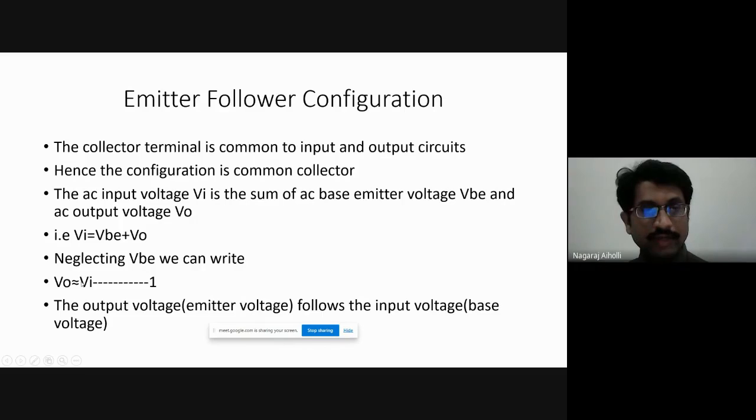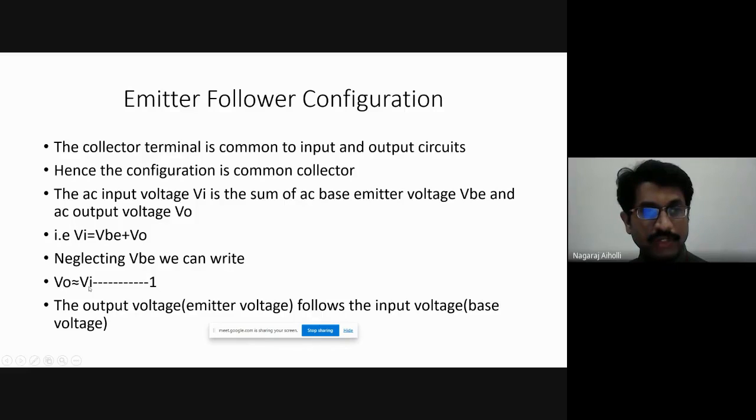If we neglect VBE, then V naught is approximately equal to Vi. That is, the output voltage at the emitter terminal follows the input voltage at the base terminal.